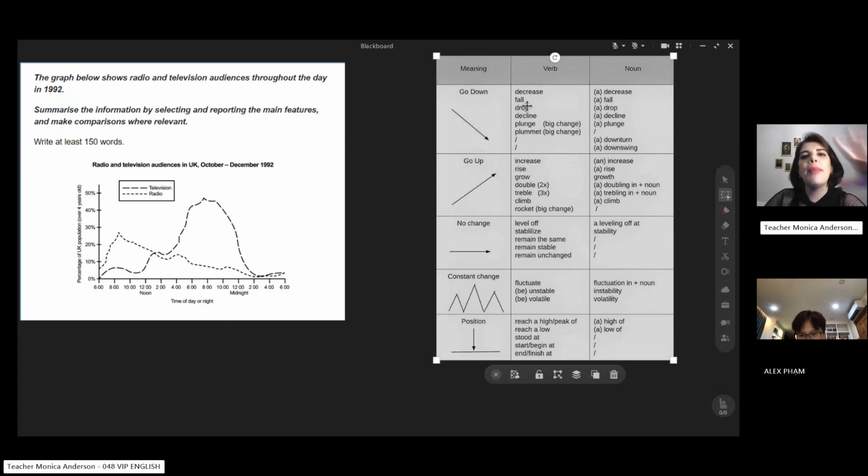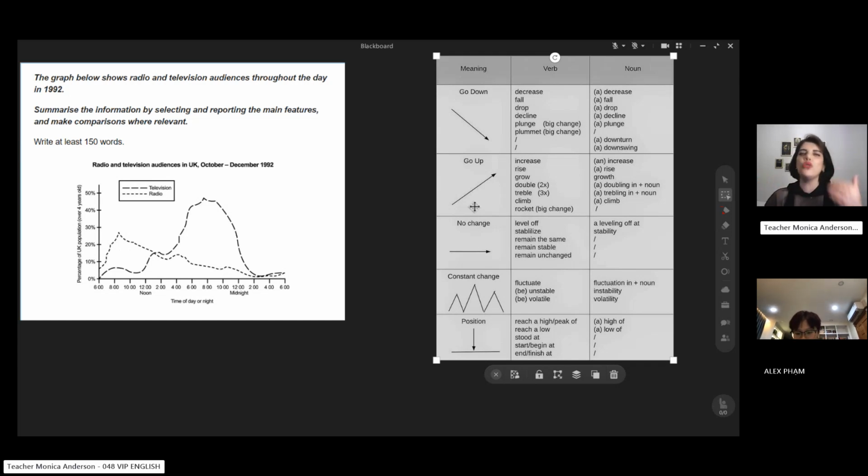I've listed the most important words that you need to write about graphs. Of course, not only for graphs, but we can use them elsewhere.